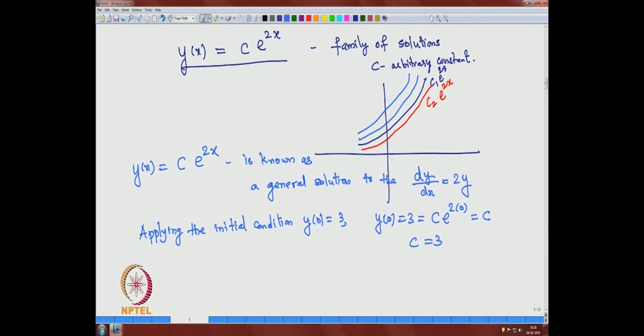So, we get the solution y of x is equal to 3 e to the power 2x. This is a solution of the given differential equation satisfying the given initial condition. Say if this point is 3, then 3 e to the power 2x.